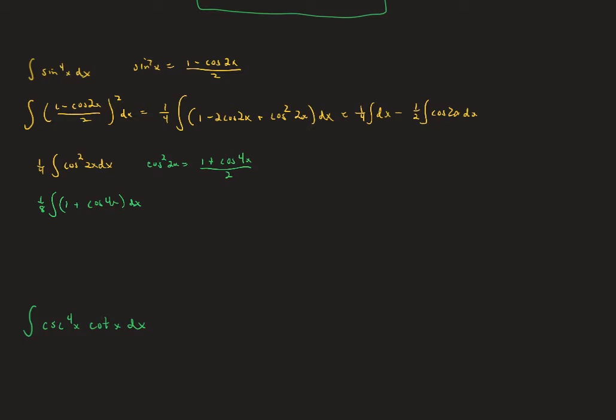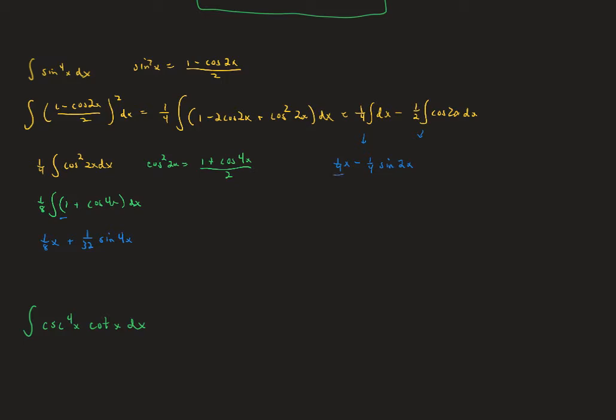So putting that all together, from here we're going to get 1/4 x, and from here we're going to get a 1/4 sine of 2x, and here we're going to split this up. From the first part, we'll get a 1/8 x. From that second part, we're going to get a 1/32 sine of 4x.